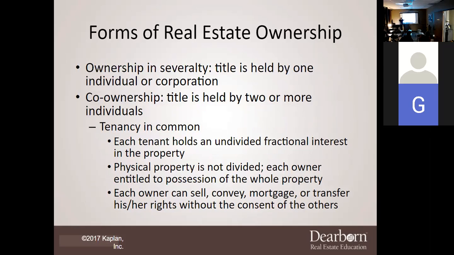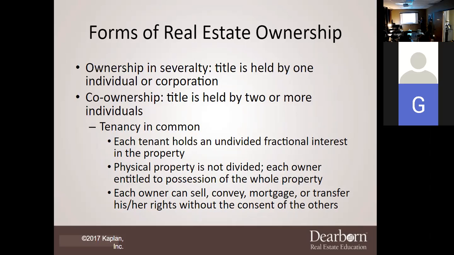Co-ownership is a form, but underneath it you see each one of these. Tenancy in common is a form of co-ownership. Does that make sense? So don't think co-ownership is another separate one. When we're talking co-ownership, two or more people. If it's one person or one corporation, ownership in severalty.